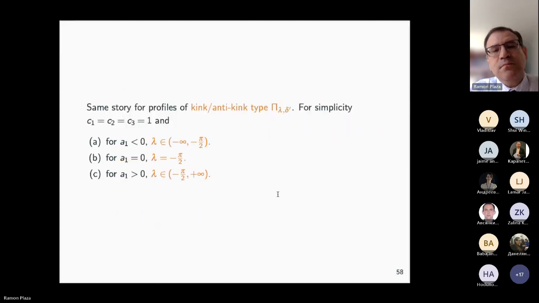Okay. And you can apply also the same techniques in order to prove that profiles of kink and anti-kink type are also unstable. For simplicity in this analysis, you suppose that all the speeds are the same, and then the domain of existence for lambda is simplified, of course.